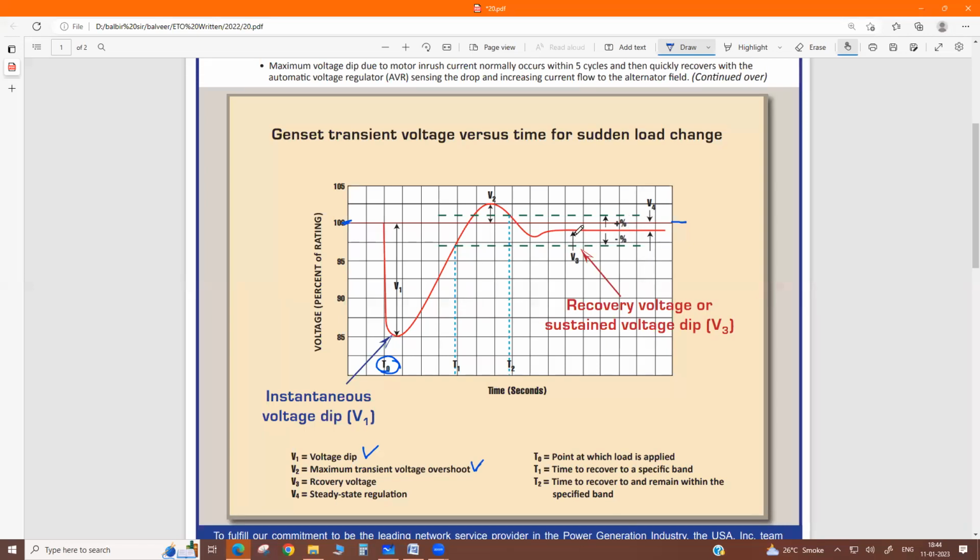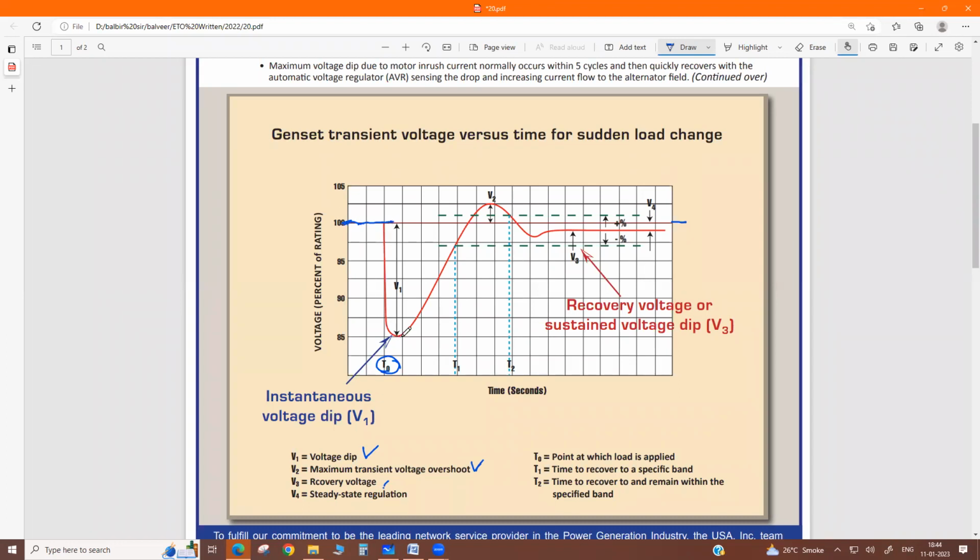V3 is the recovery voltage. See, earlier your voltage is this value, like 100 volt, or maybe 440 volt, which is 100%.